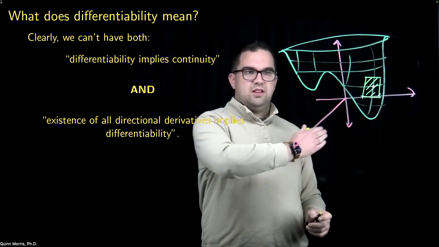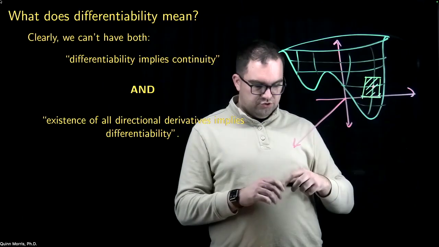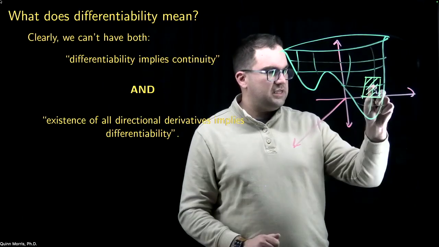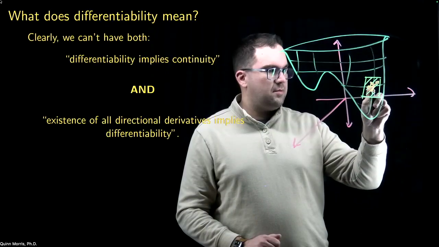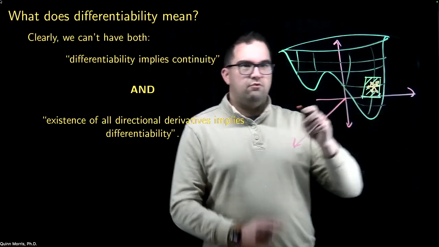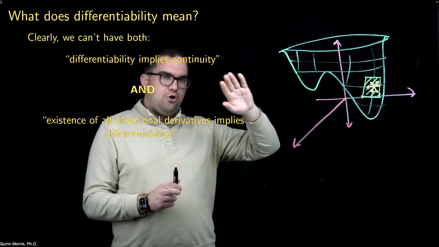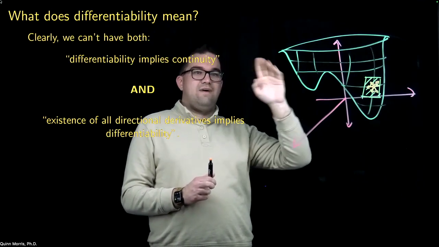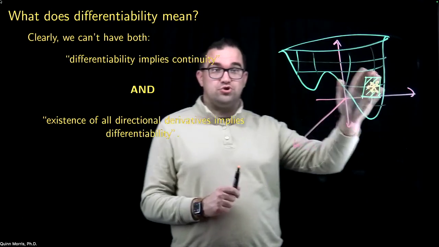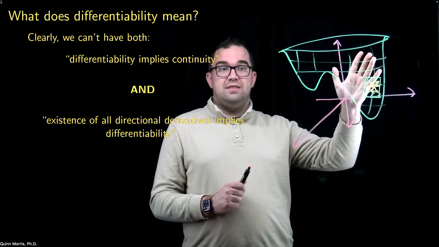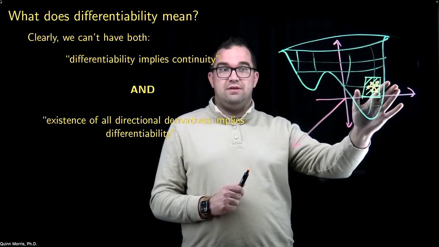So what I would like is to have all of those directional derivatives. I can imagine them sitting here, and there's one here and one here. But I want those to somehow, as you imagine those directional derivatives going around, carve out a plane. I want some sort of linear structure to the directional derivatives.